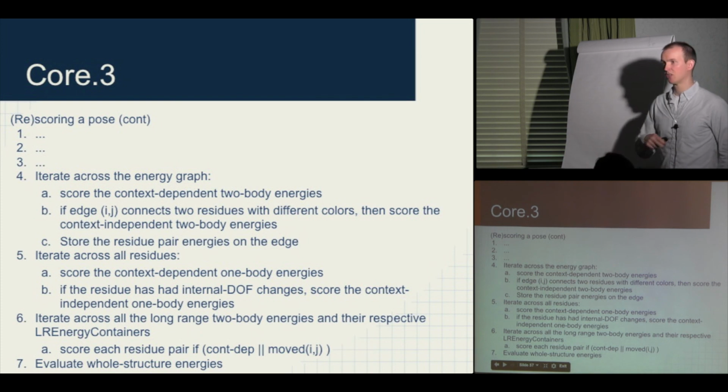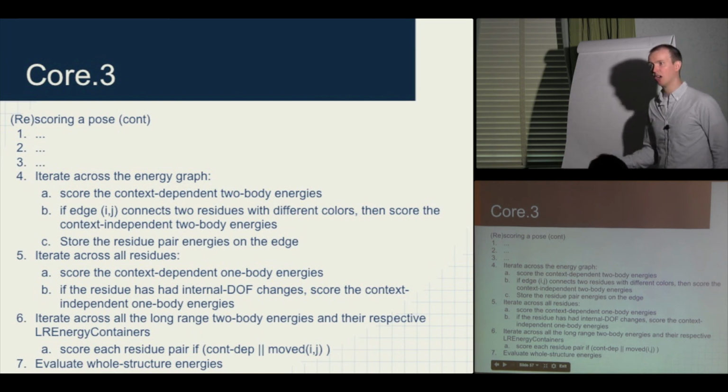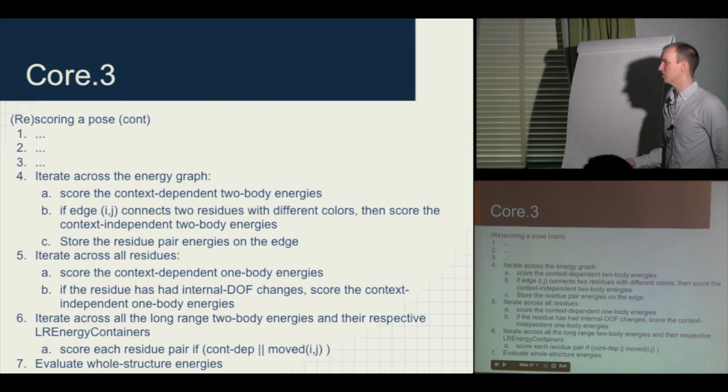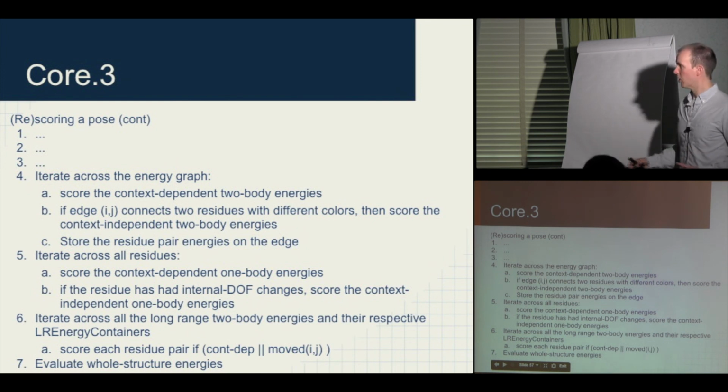So you iterate across all residues i, and then all upper neighbors of residue i, and then rescore each pair if it's context dependent or if i and j have moved with respect to each other since the last time you scored. And then you evaluate the whole structure energy. And that's sort of a more complete description of the process of rescoring a pose.